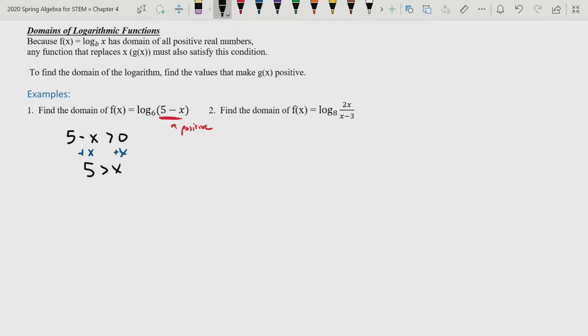So if I drew a picture, here's 5. I need x to be smaller than 5, which is everything here, not including the 5. In interval notation, that's from negative infinity, here on the left, all the way up to 5, not including either. So the domain is from negative infinity to 5. You can plug in anything less than 5, and you'll get an answer.